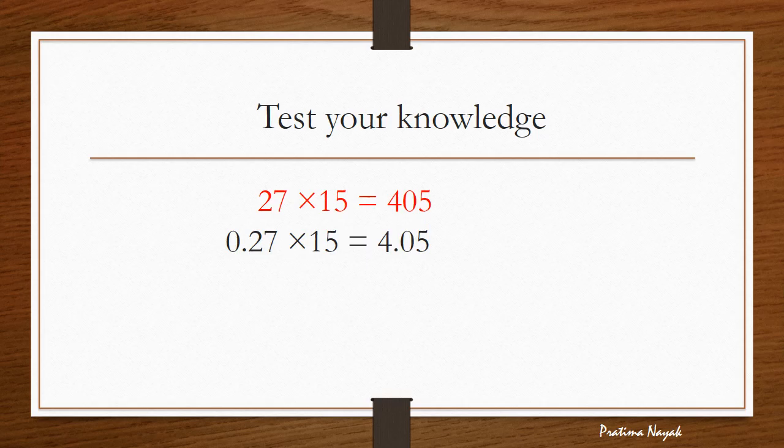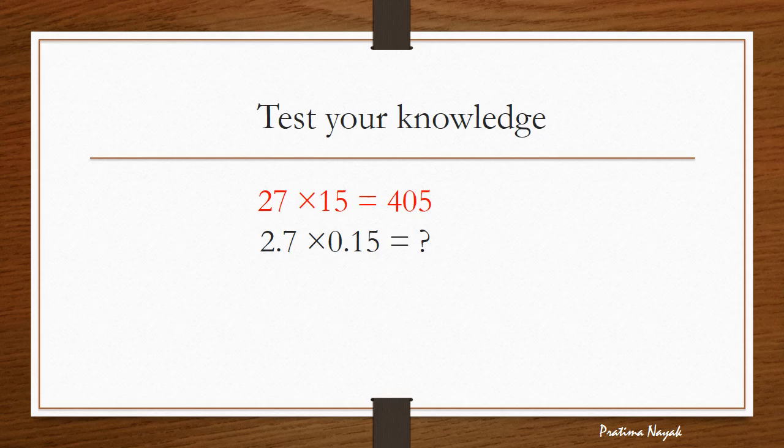Now again see, there are two digits after the decimal here, so you have to leave two places from the right side. 27 into 0.15. So it will be 4.05. You leave two places after the decimal.